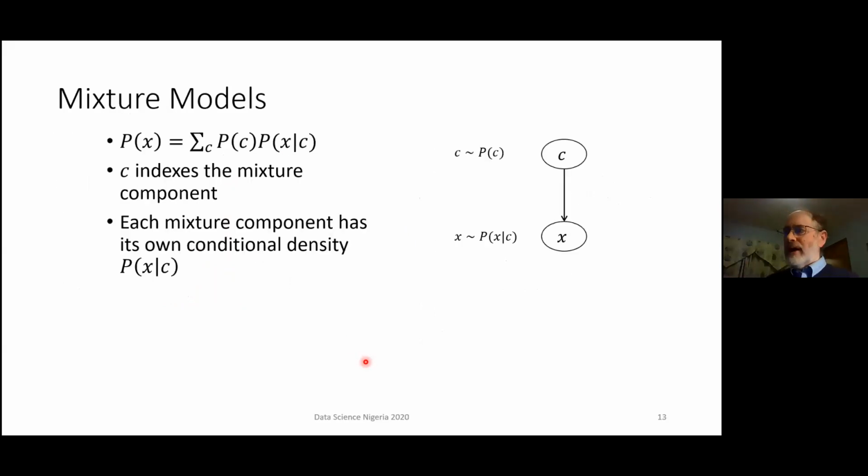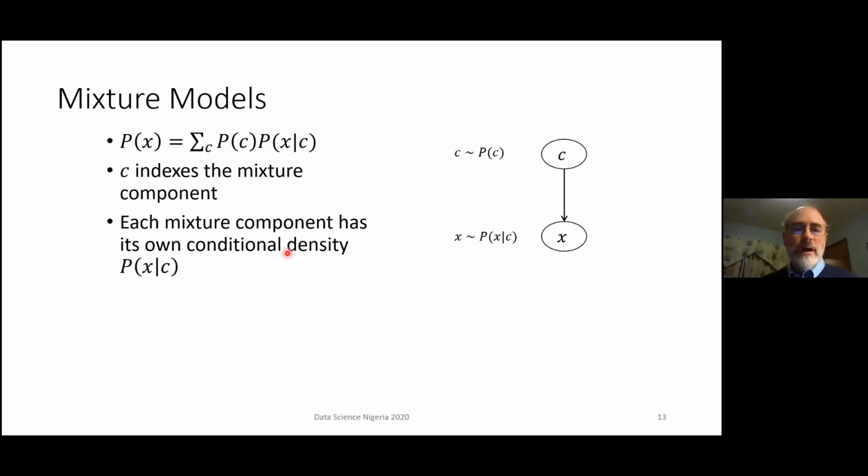Okay, now let's think about how we could do better, because most data are not Gaussian distributed, right? So we need a more flexible probabilistic model than just a Gaussian. A very important idea in the history of probability is the idea of a mixture model. Suppose our data consist of clusters of data points, but each cluster is a Gaussian.